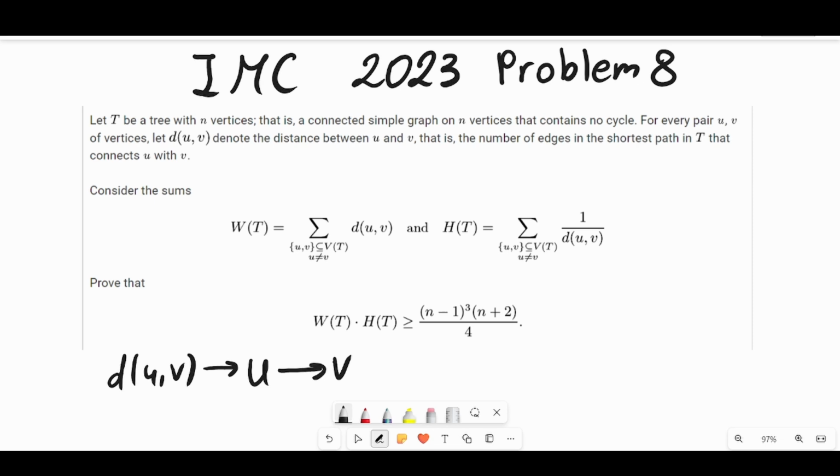Let W(T) be the sum of the distances between u and v, where u and v are any two vertices from the vertex set of T, and H(T) defines the sum of reciprocals, 1 over d(u,v) for every u and v, with u not equal to v. Our aim is to prove that W(T) times H(T) is greater than or equal to (n minus 1) cubed times (n plus 2) over 4.